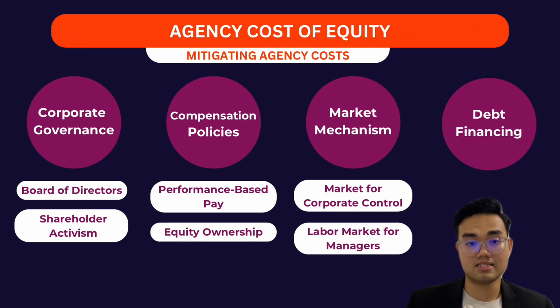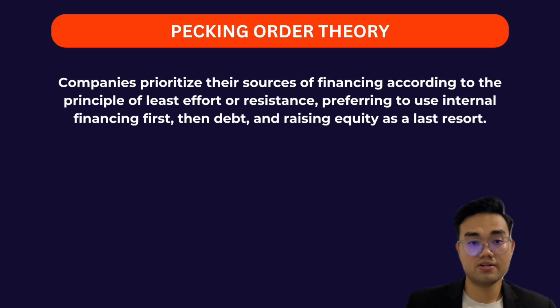And the last one is debt financing. Using debt can reduce free cash flow available to managers, thereby limiting their ability to engage in self-serving behavior. However, this must be balanced against the risk of financial distress. Moving on to the pecking order theory.